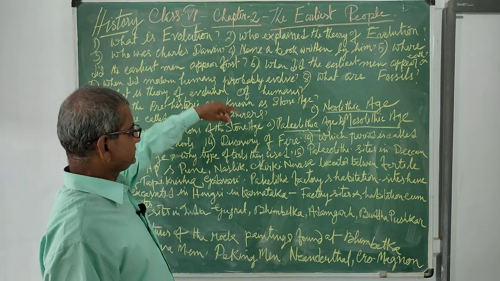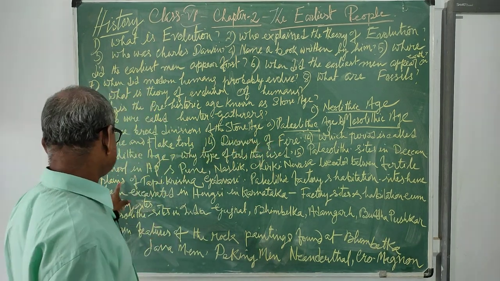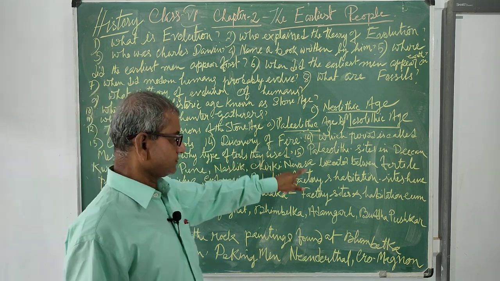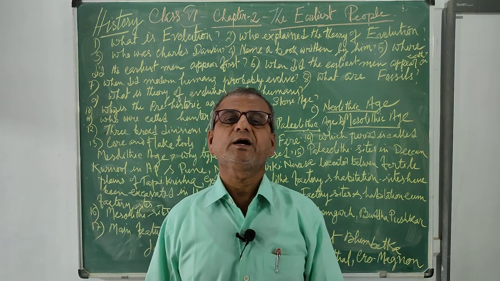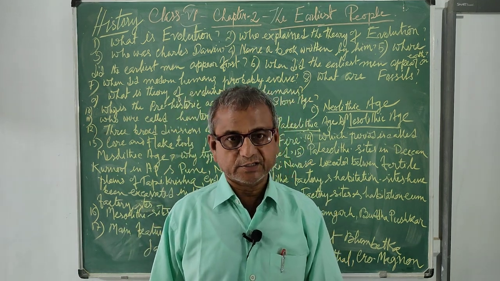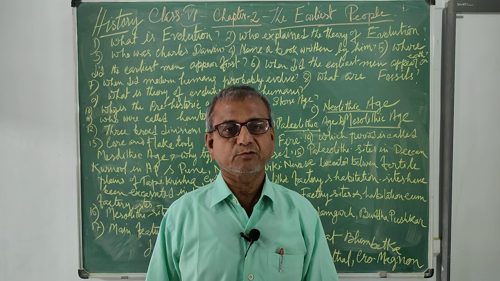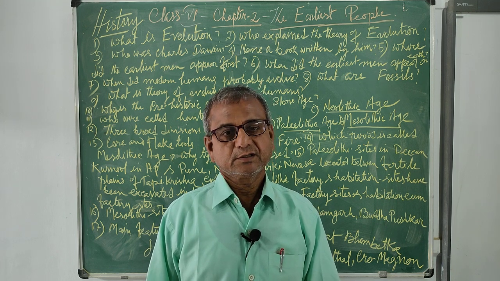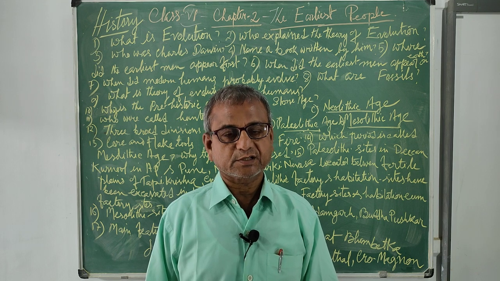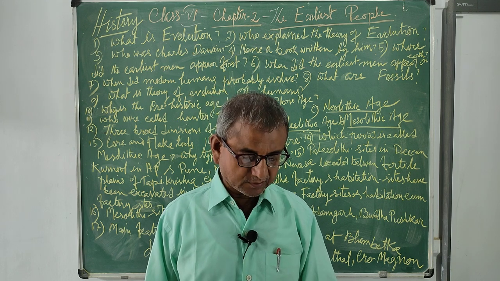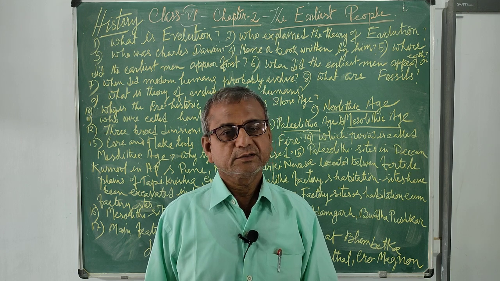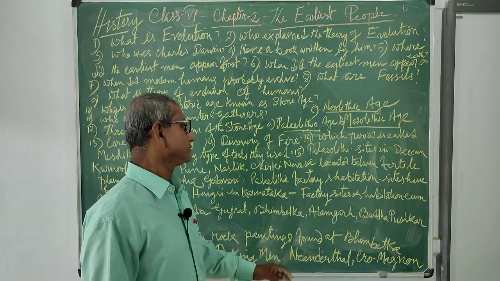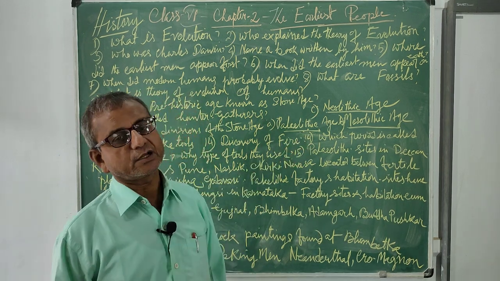Now, the Mesolithic age, and what type of tools they used. At the end of the Paleolithic age, the climate of the earth became warmer, and as a result of the climatic change, different types of animal and plant species also appeared on earth, and there was a great change in human lives.